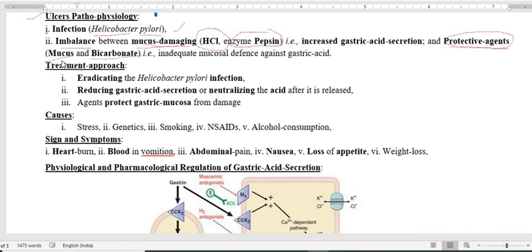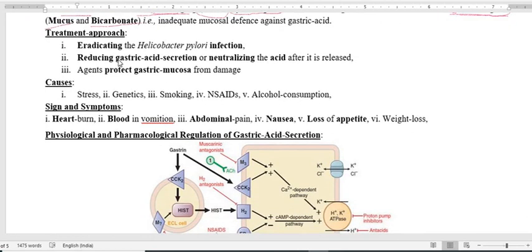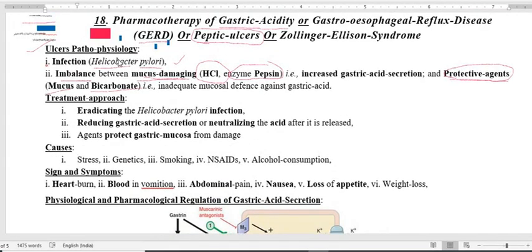As we know, mucus coats the mucosa, and therefore HCl will not easily penetrate the mucus to reach the gastrointestinal layer, preventing autodigestion. And bicarbonate dilutes the action of hydrochloric acid, because it is alkali, so it dilutes the effect of acid.